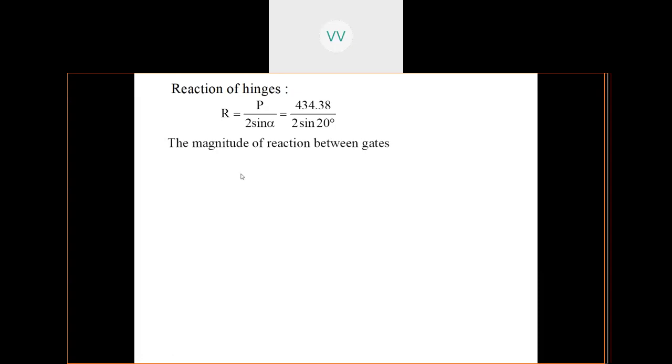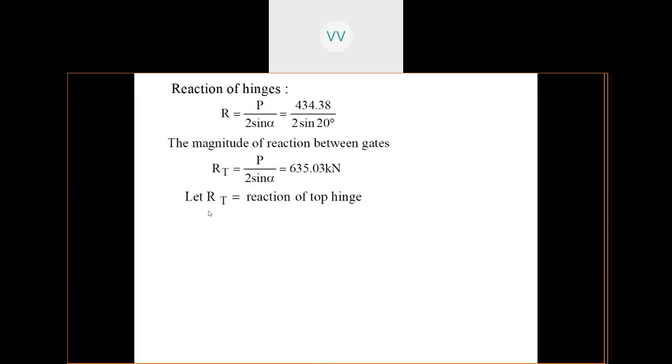Then the magnitude of the reaction between both these gates, R is equal to P by 2 sine alpha, that is 635.03 kilo newtons.